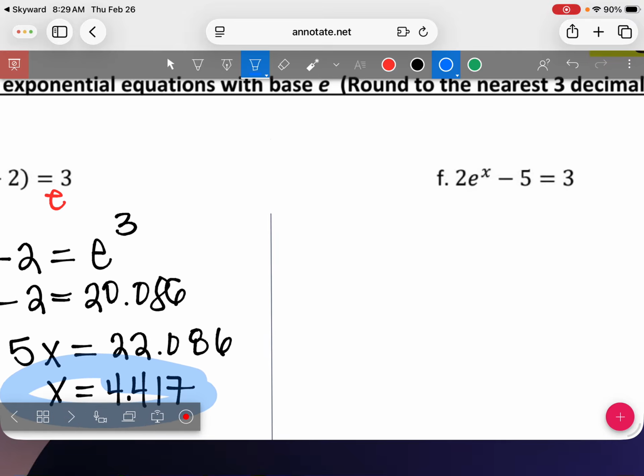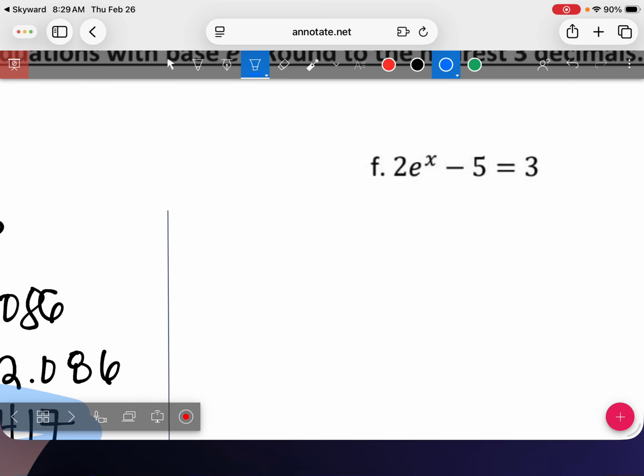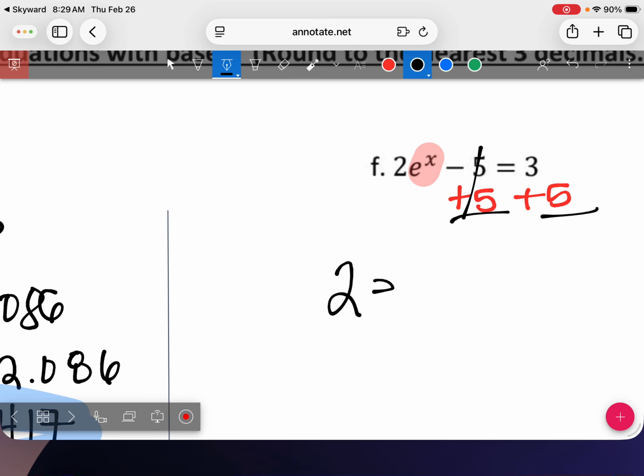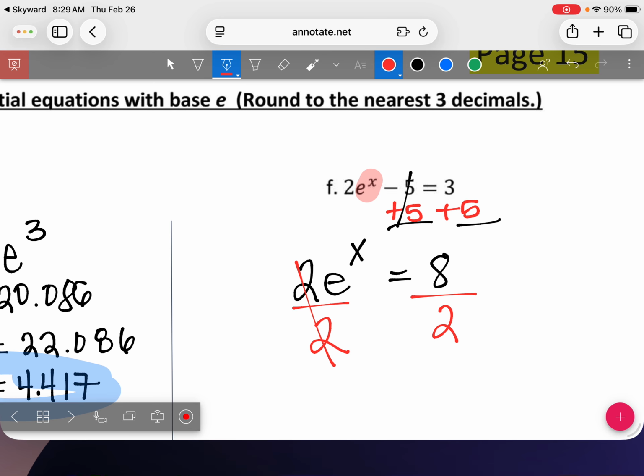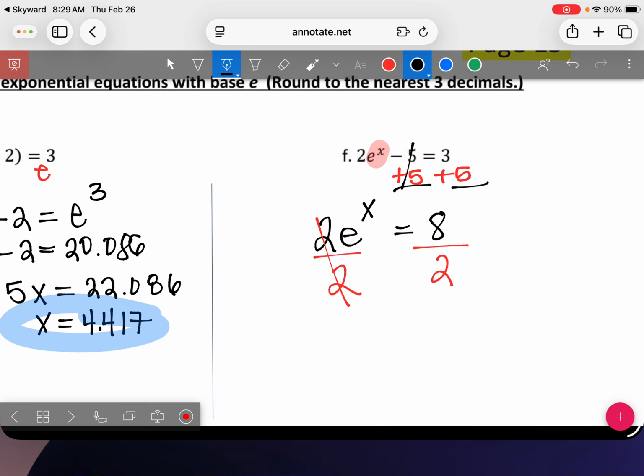All right, let's look at this one here. Now before we can start putting in our ln, this has to be by itself. So I got some work to do. The first thing I need to do is get rid of the 5, so I'm going to add it. So you have 2e to the x equals 8. And then you have to get rid of the 2 by dividing it. So that will give you e to the x equals 4.